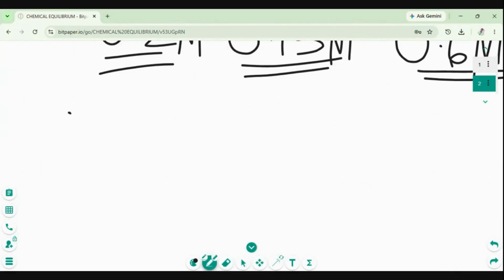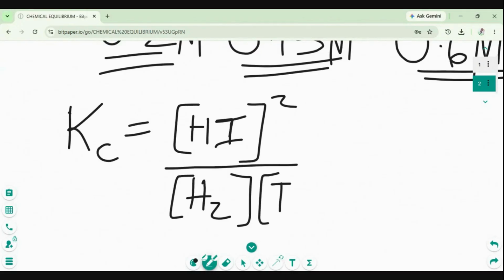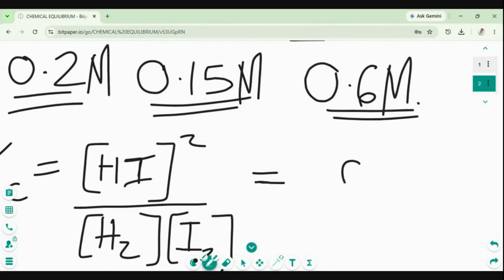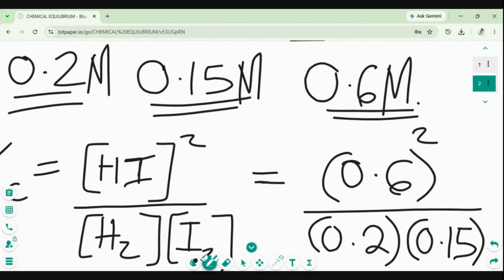Okay. So let's write our Kc expression. Kc equals concentration of hydrogen iodide squared over concentration of iodine times concentration of hydrogen. So it will be equal to 0.6 squared divided by 0.2 times 0.15.